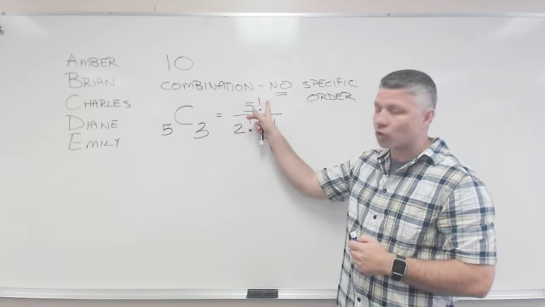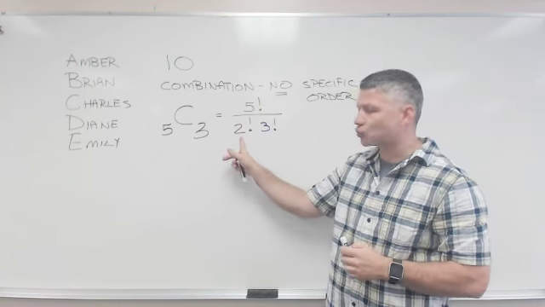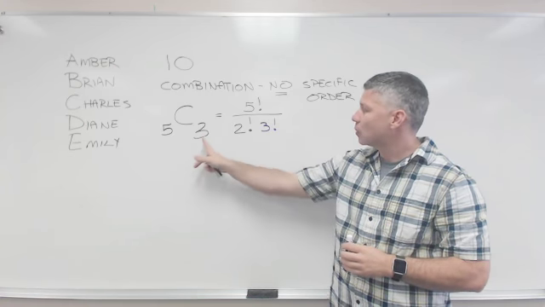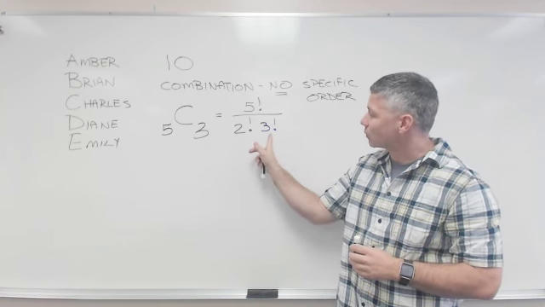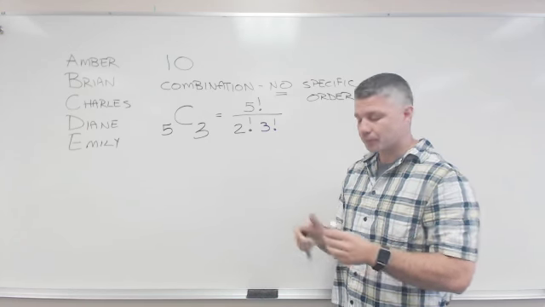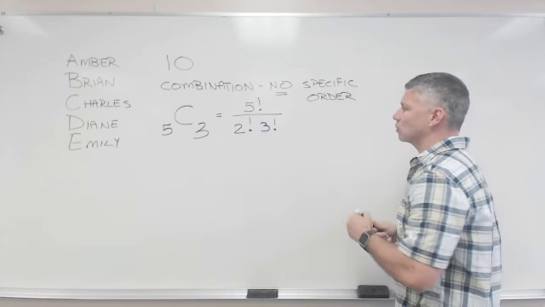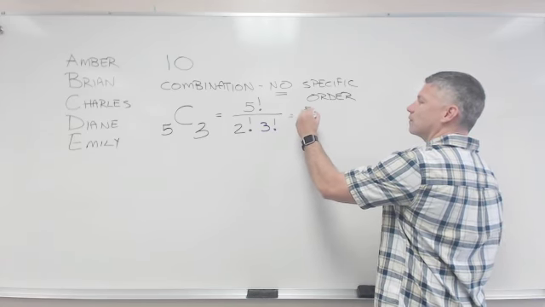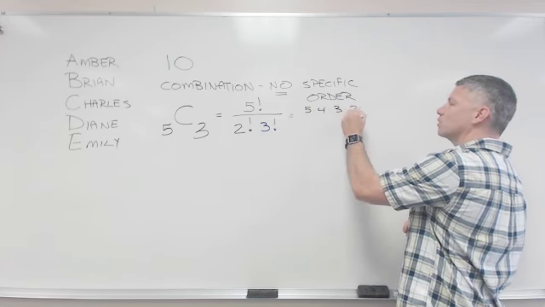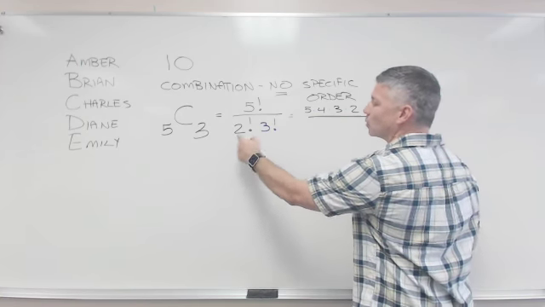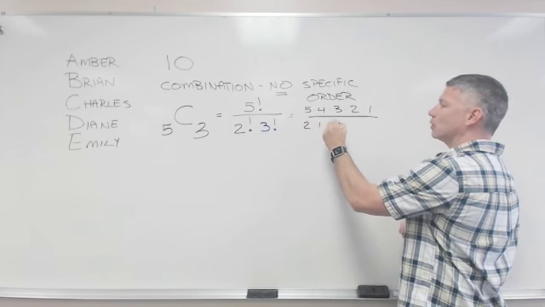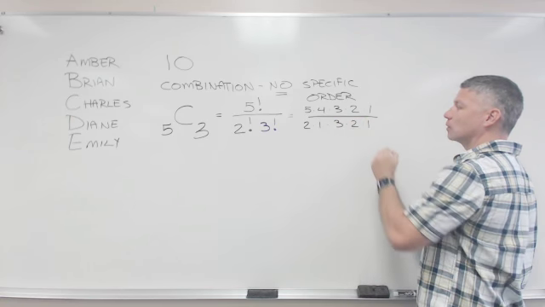Not only do we have the total factorial on the top and the subtract factorial on the bottom, but now we have the second number factorial on the bottom. If we wanted to write this out, we would have 5, 4, 3, 2, 1, and on the bottom we would have 2, 1, and 3, 2, 1.